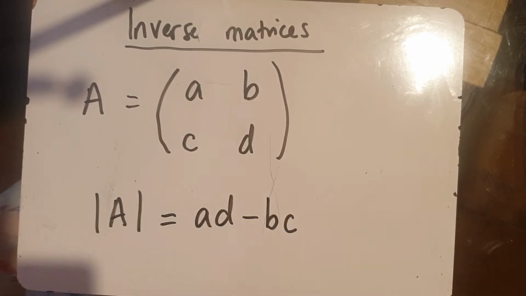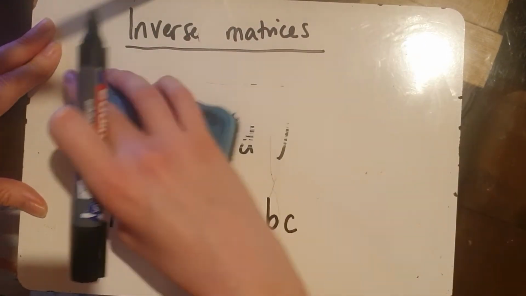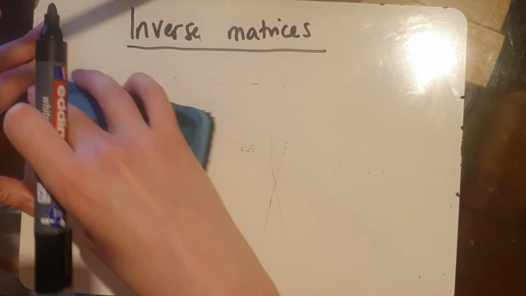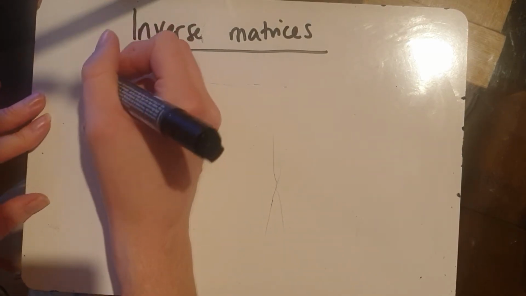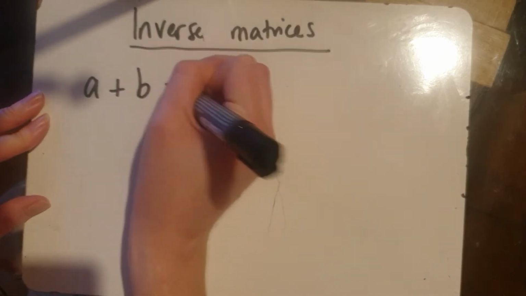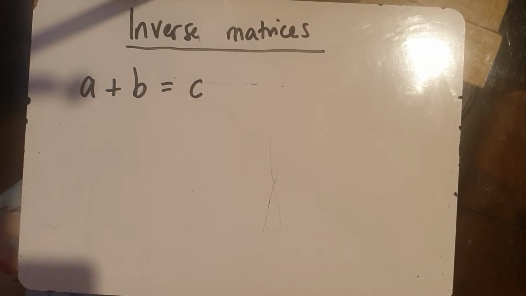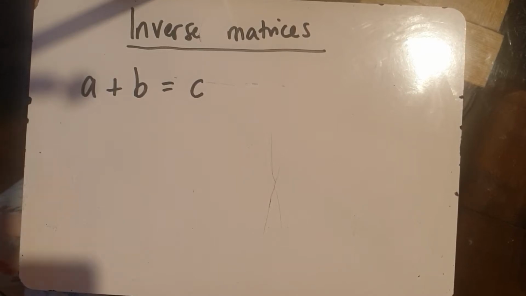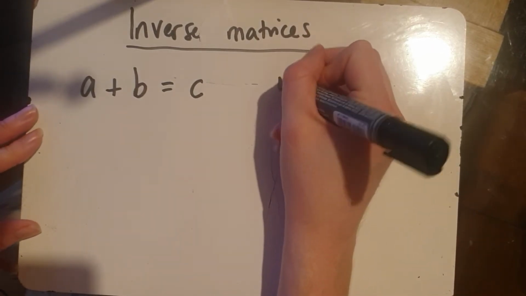Now, before I talk about inverse matrices, I want to talk about inverse in some other scenarios. In addition, there is a number which is the identity under addition, and it is 0.